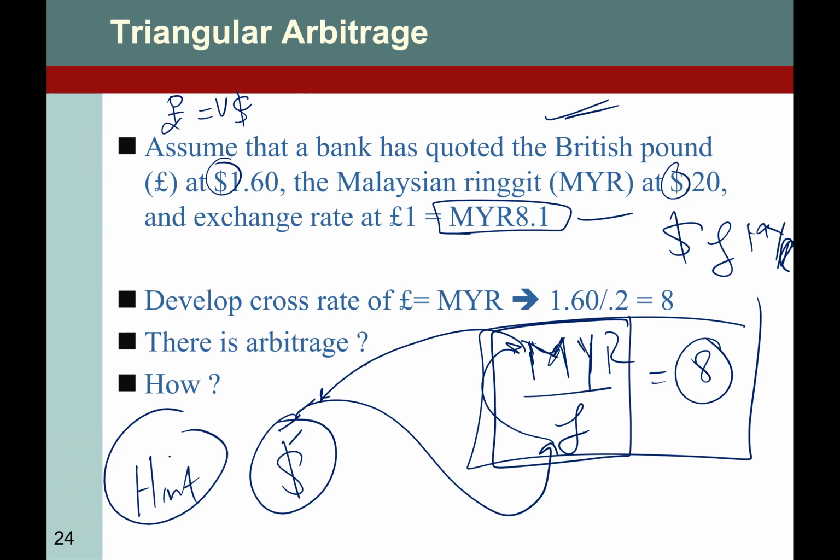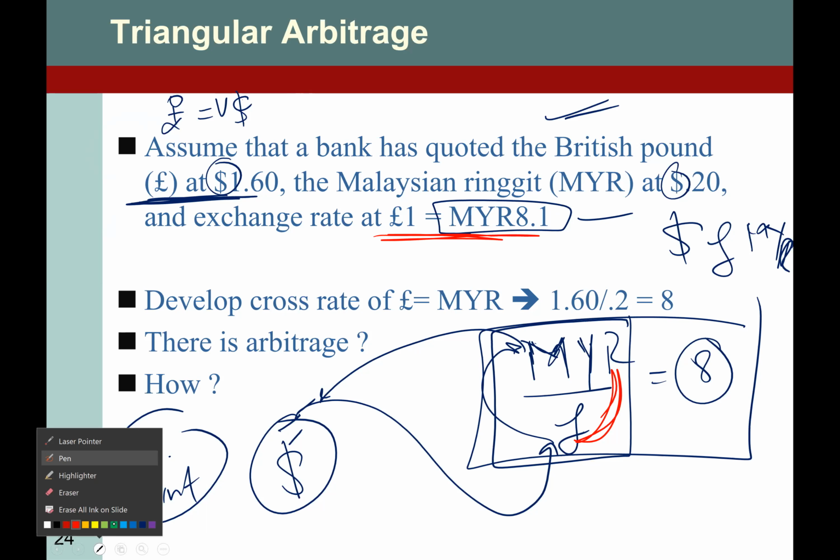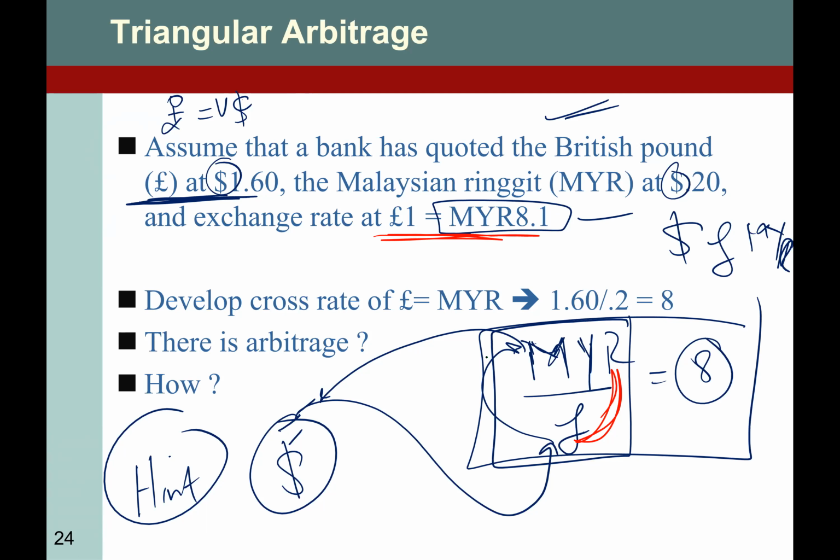Do we have the exchange rate of dollar into pound? We have it. Do we have the exchange rate of pound into ringgit? Yes, we have it. Do we have the rate of ringgit into dollar? Yes, we have it. Right? So our 3-step process has just finished.